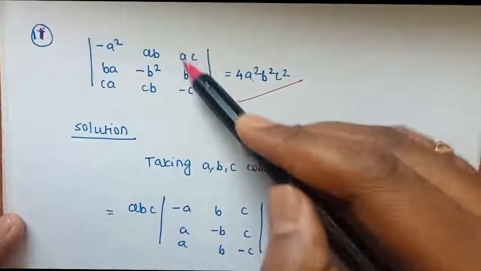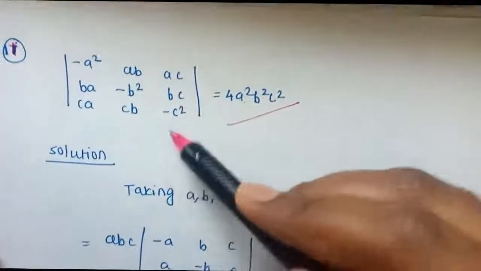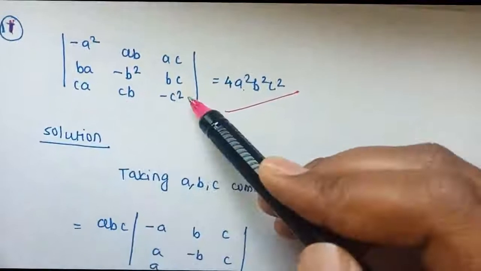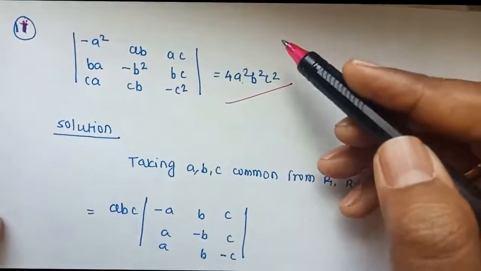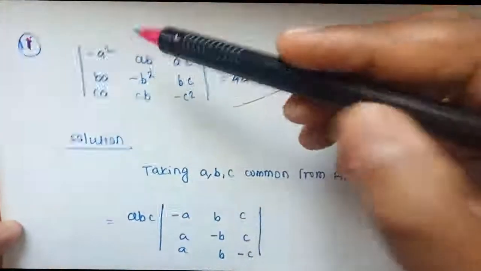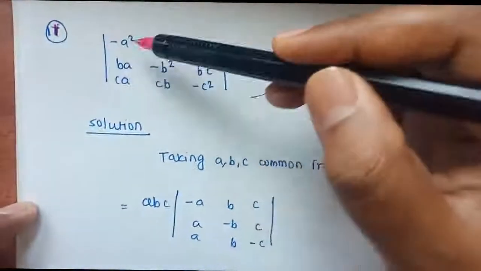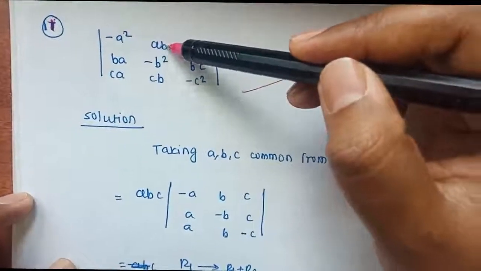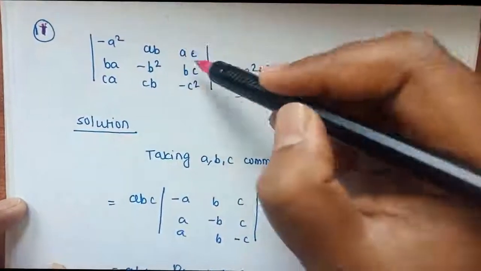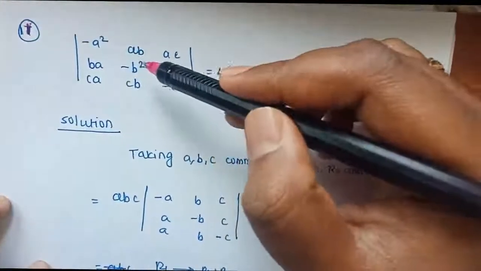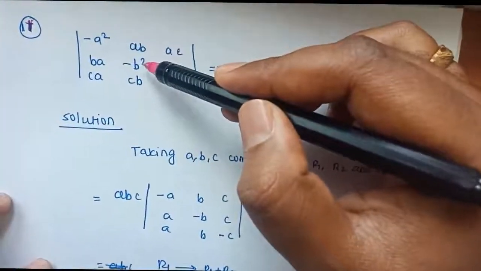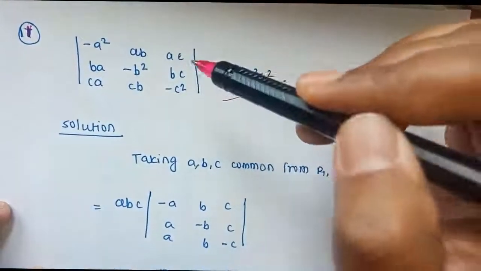So this AB, AC, BA, BC, CA, CB, I have to convert into single variable. What I can do is, in the first row I can take a common, so it will become minus a, b and c. In the second row I can take common as b, so it will become a, minus b and c.